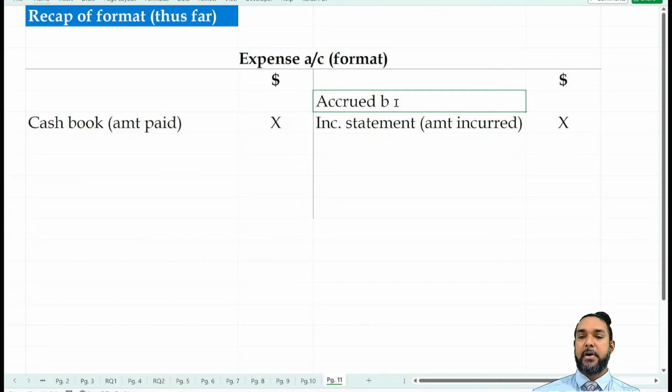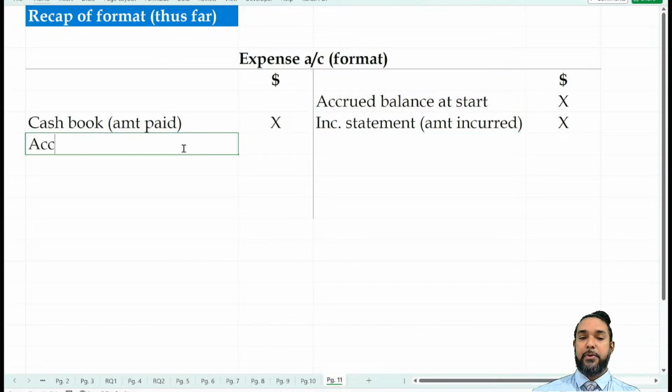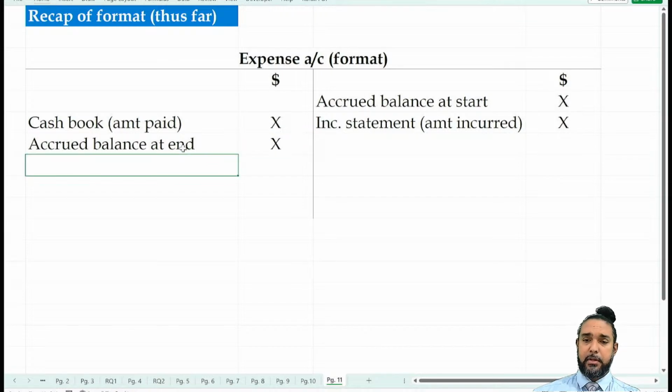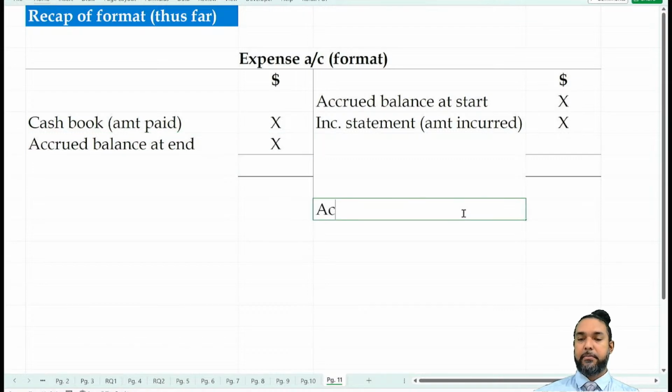So if you have an accrued balance at start or brought down, it will go on the credit side. And similarly, if you have an accrued balance at end, it will be first carried down from the debit side and then brought down on the credit side.